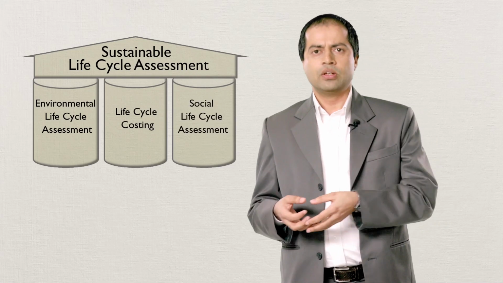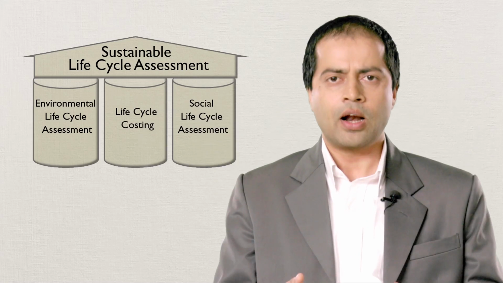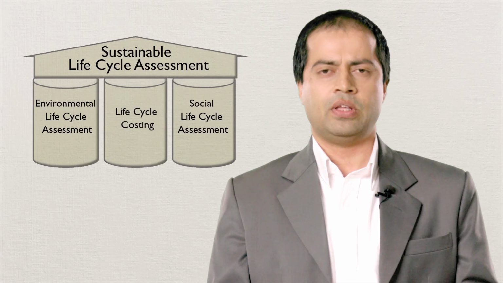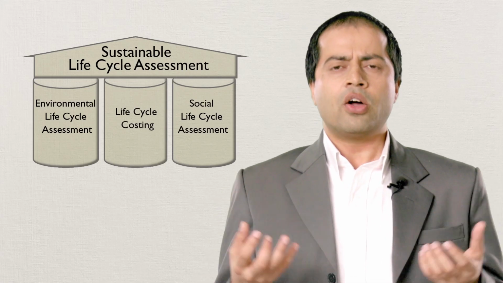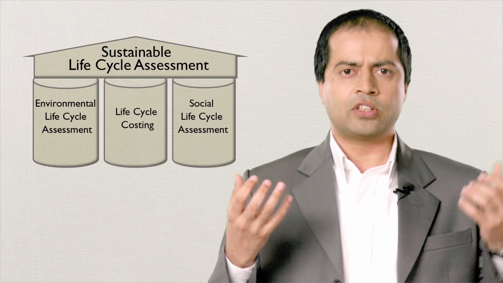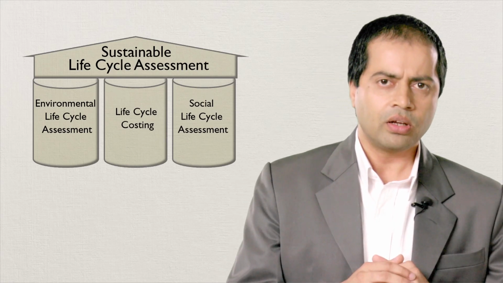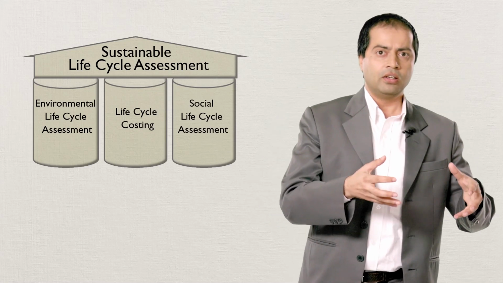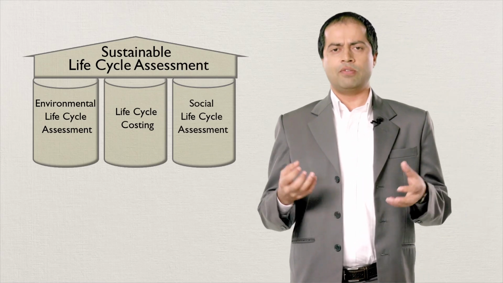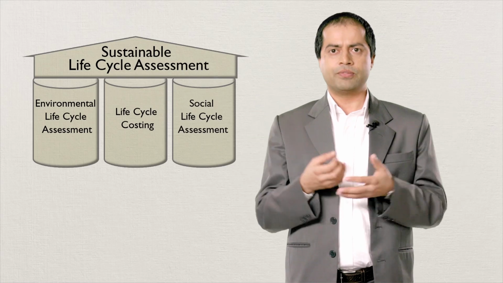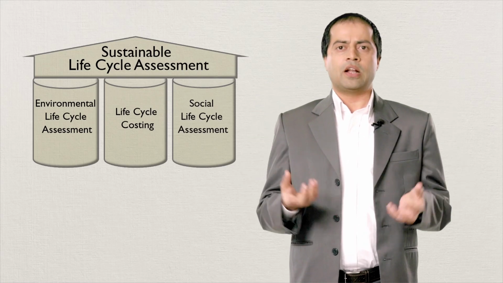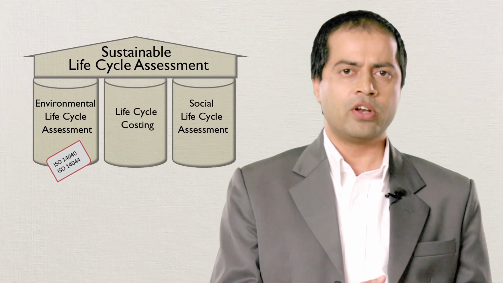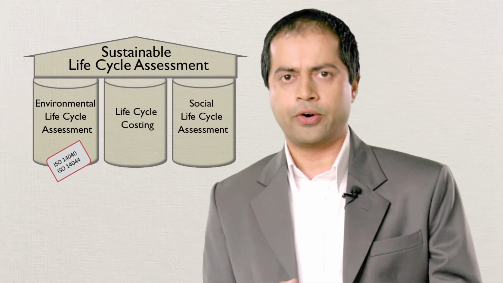In these cases, the whole process chain analysis, or so-called cradle-to-grave analysis, is necessary. There are not yet international standards developed for the analysis of life cycle costing and social life cycle assessment. On the other hand, the procedure to carry out the environmental LCA is well developed. And there are two international standards for this, ISO 14040 and 14044.